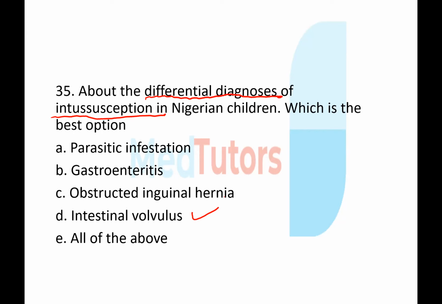All these could be a differential of acute abdomen in a child, but the common one that will cause features suggestive of intestinal obstruction is intestinal volvulus, like intussusception.